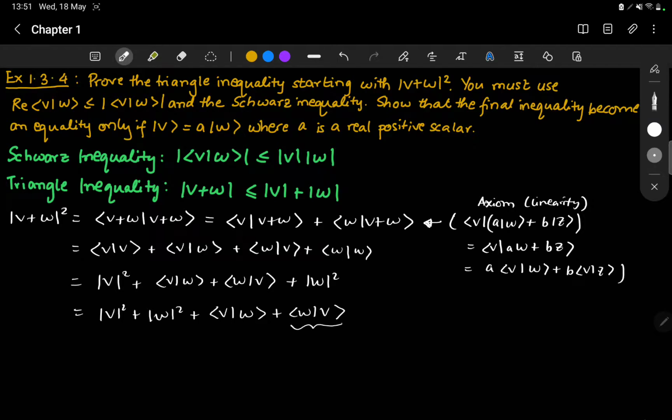Now this right here is nothing but this, the conjugate. So how did we get this? This is another axiom, an axiom for inner products.